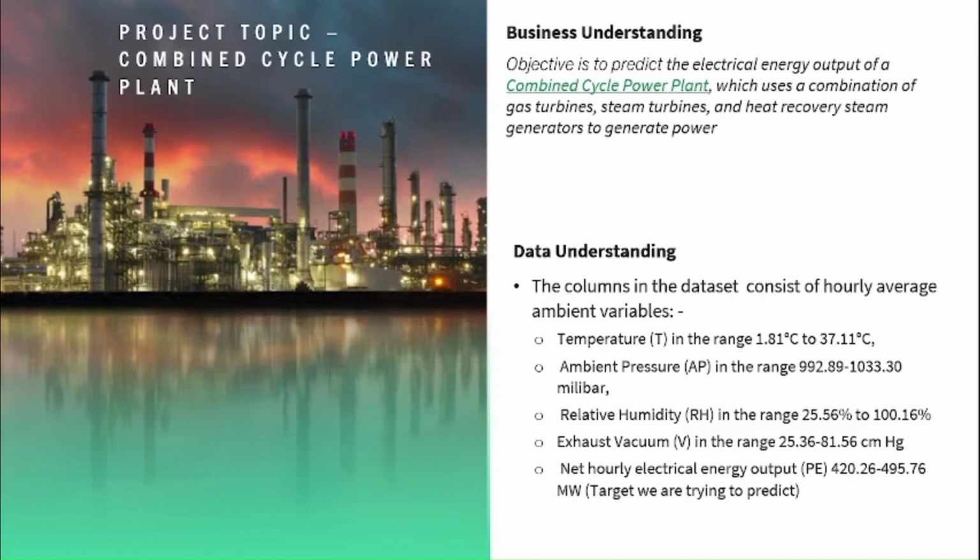And the business understanding here is to predict the electrical usage for a combined cycle power plant, which uses a combination of gas, steam, and heat recovery generators and turbines to generate power. My understanding of the data is it has five columns: temperature, ambient pressure, relative humidity, exhaust vacuum, and the energy output, which we will need to predict.